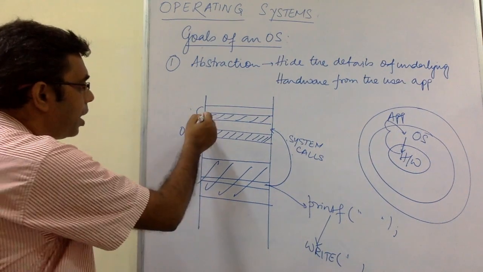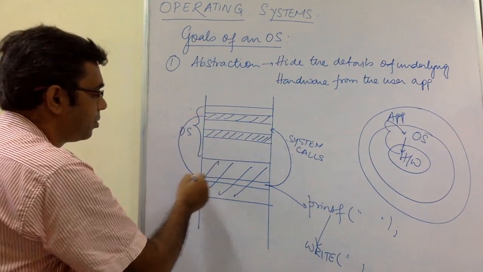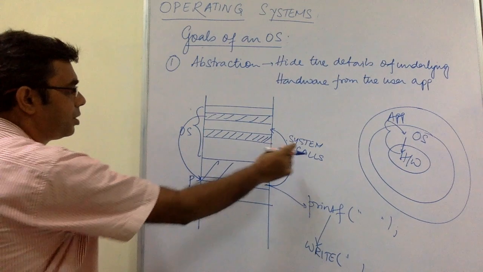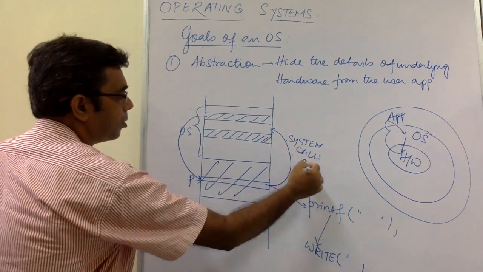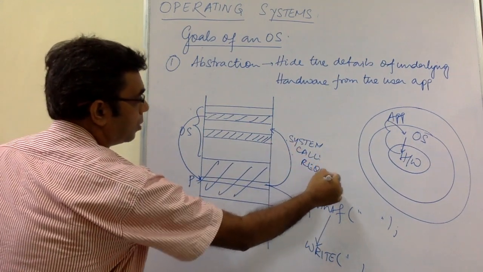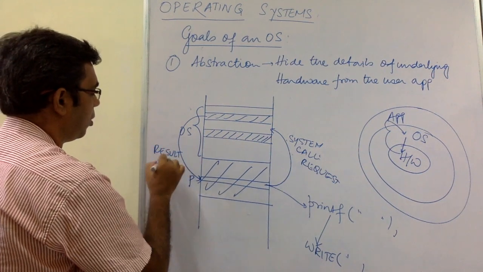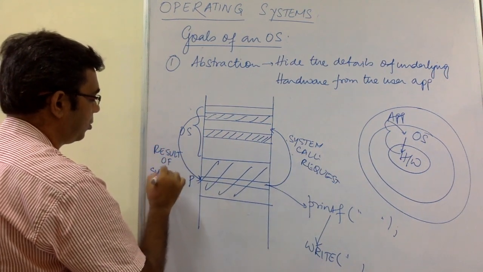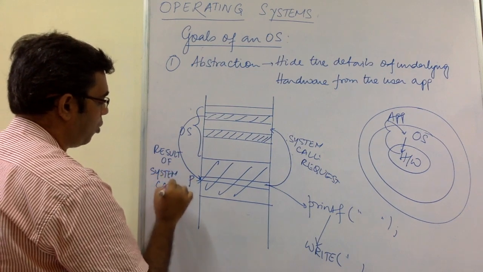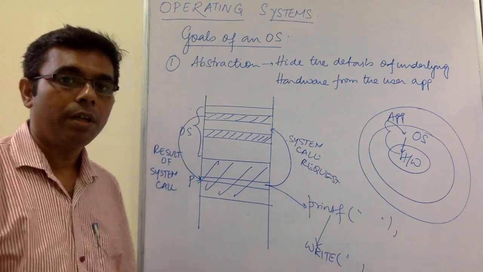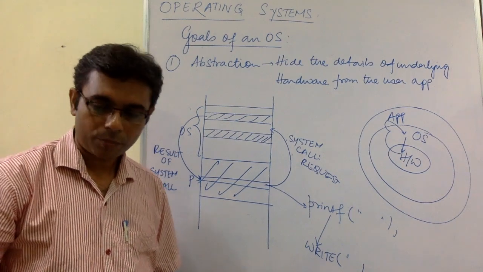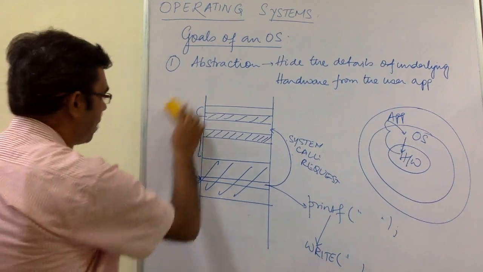So this is the system call request, and this is the result. More about system calls we'll discuss in the next lecture. So this is kind of an abstraction.